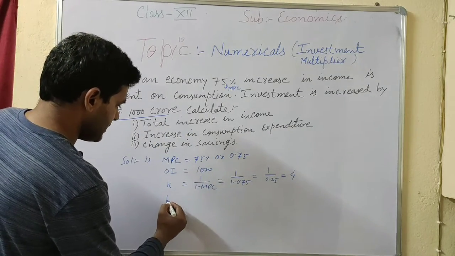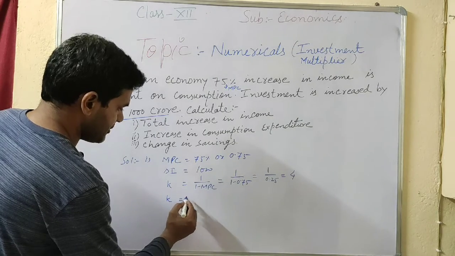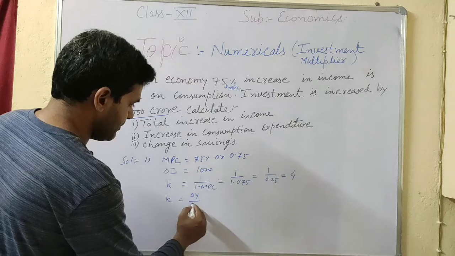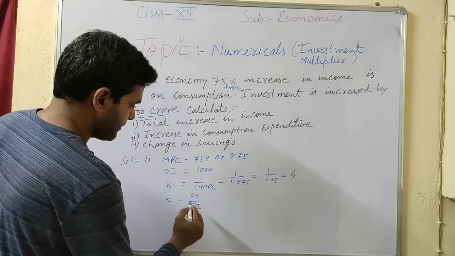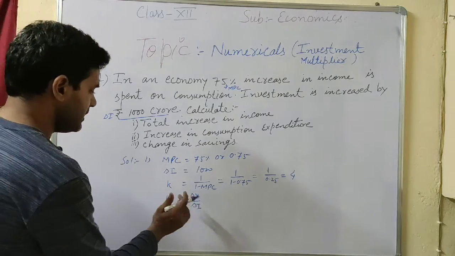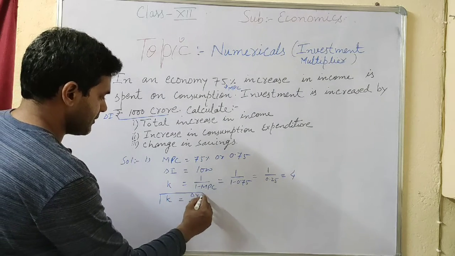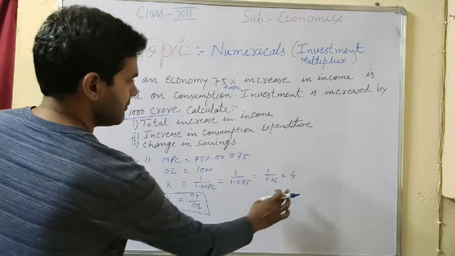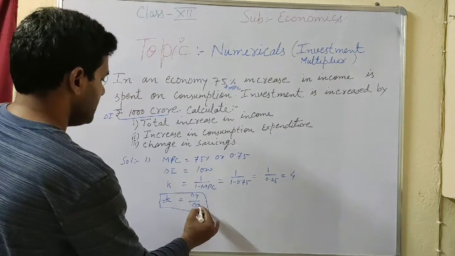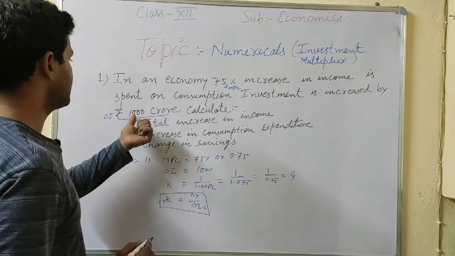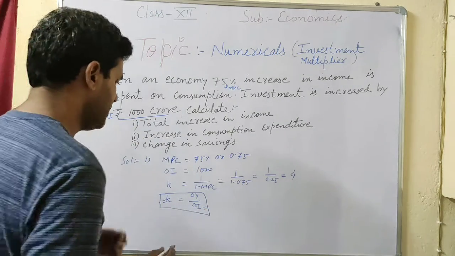Now we know there is another formula, the traditional formula for getting K, which is delta Y over delta I. Why are we using this formula? Because in this equation, now we are aware of the value of K, which is 4. This delta I has been given for us, 1000 crore.